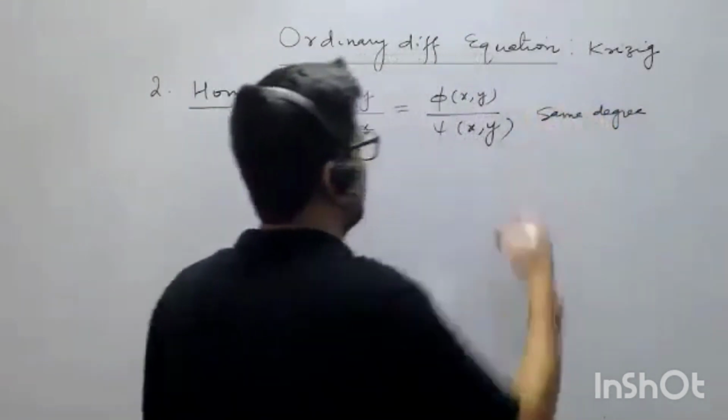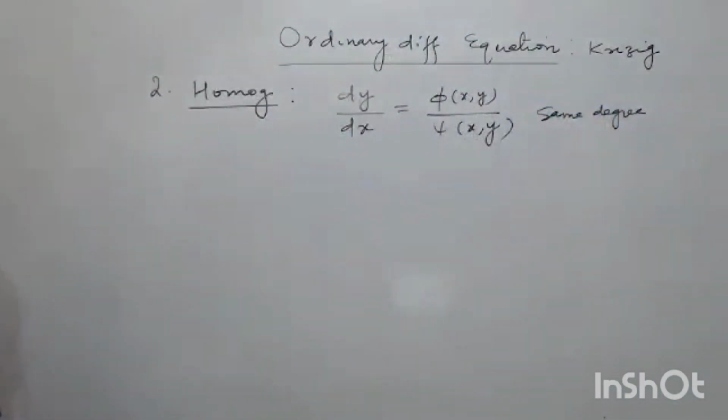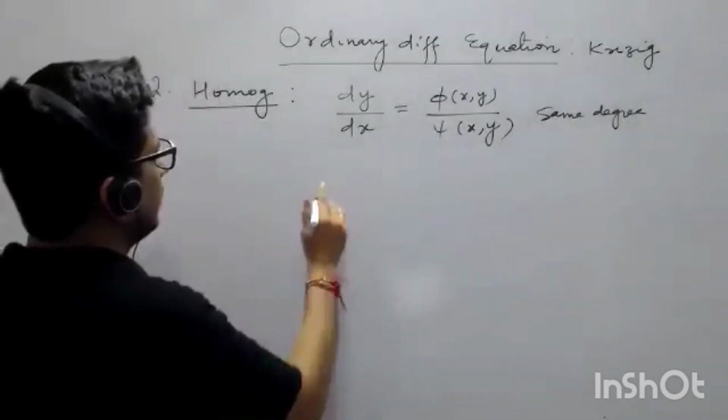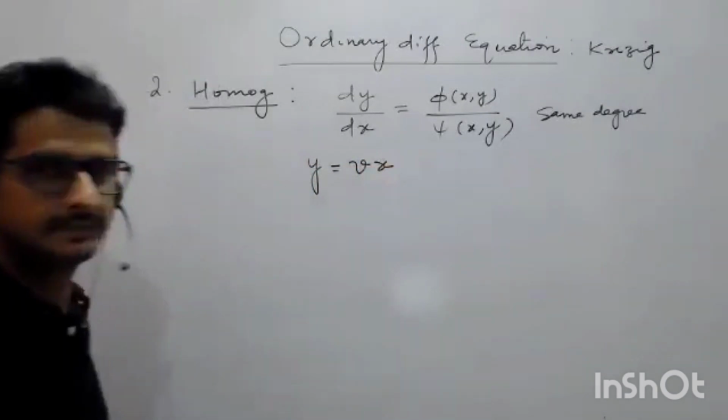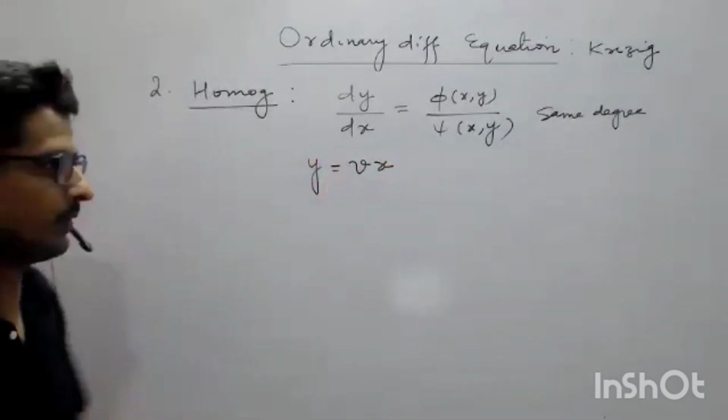And you know the meaning of degree of an algebraic equation. So how to solve it? There is a method. We put y is equal to v of x. This is the method to solve a homogeneous equation.